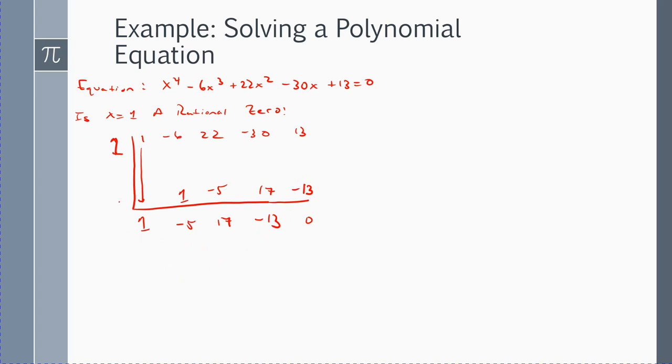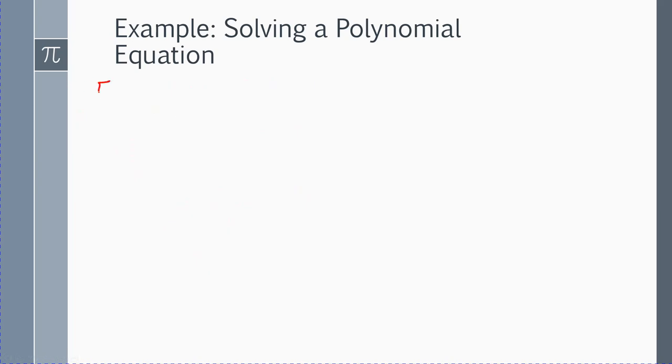Now remember, this is where this problem gets crazy. This was x to the fourth, so now this is x cubed, x squared, x. My original equation was x to the fourth minus 6x cubed plus 22x squared minus 30x plus 13 is equal to 0.